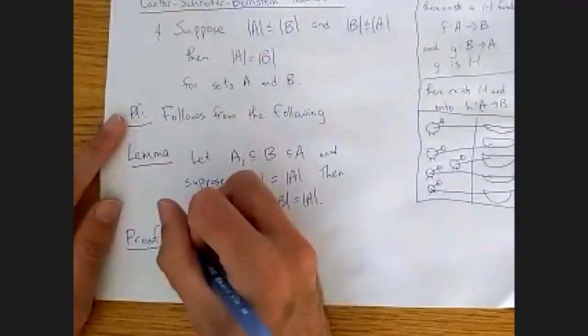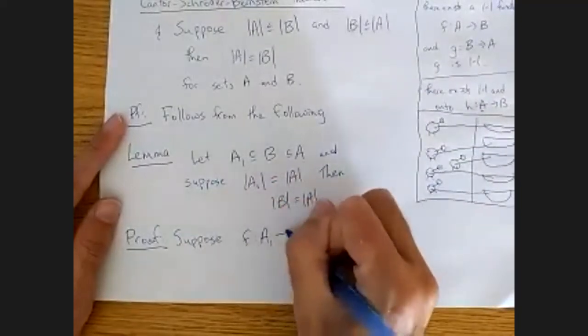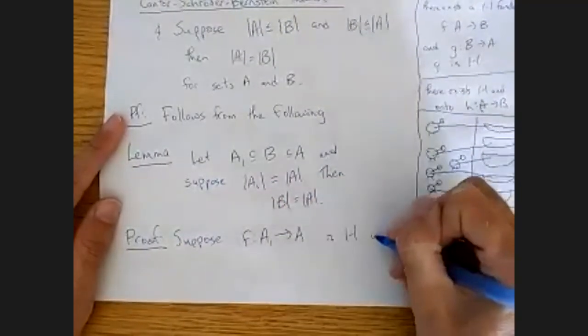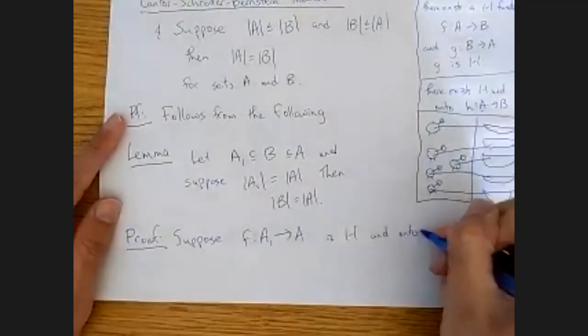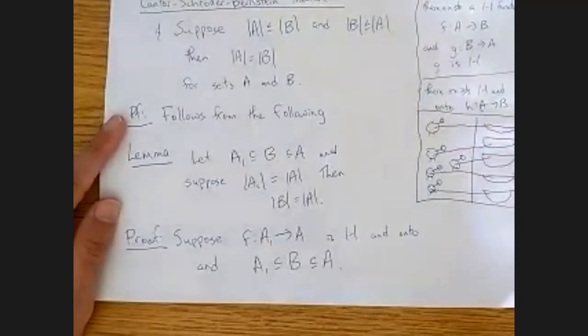By hypothesis, we have f from A1 to A is one-to-one and onto, and a one-to-one and onto function from B to A.